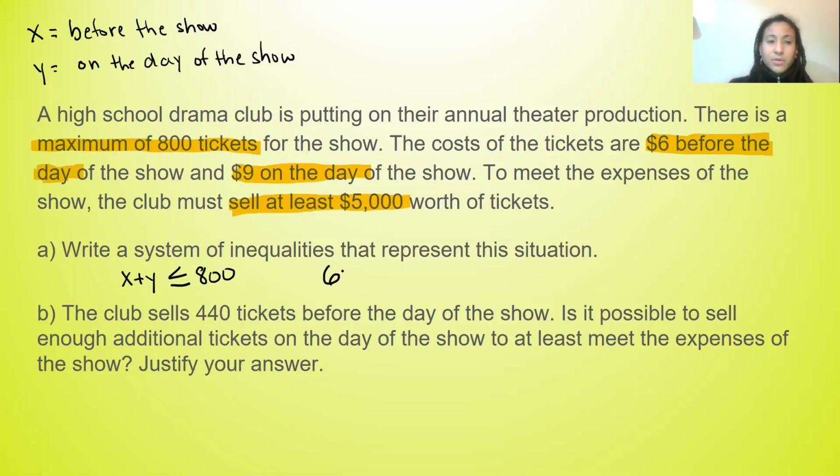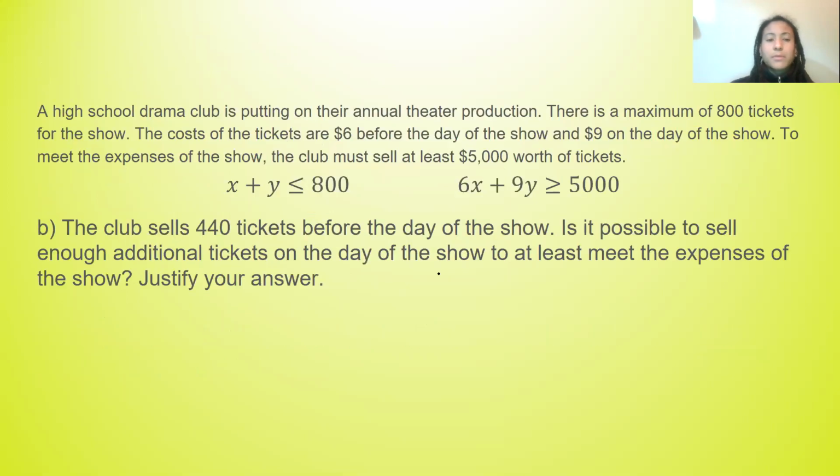Before the day of the show. So that will be 6x plus, fill it in, 9y, and then we have 5,000. Now, what does at least mean? It's going to be greater than or equal to. Correct? All right, so the next part.